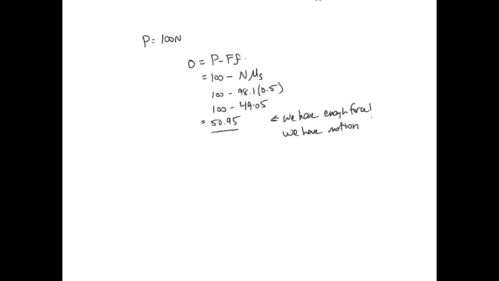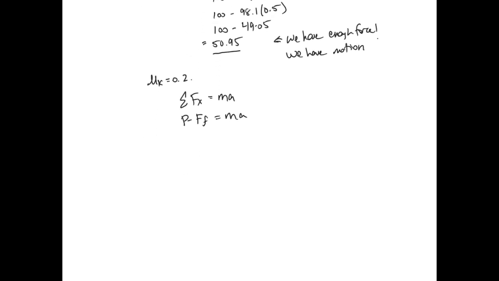Now, since we have motion, we go back and we use our kinetic coefficient of friction. So our kinetic coefficient of friction, mu k, was equal to 0.2. So now we say summation of force in the x direction is equal to mass times acceleration. So we have P minus force of friction is equal to mass times acceleration. I can move this up quickly.